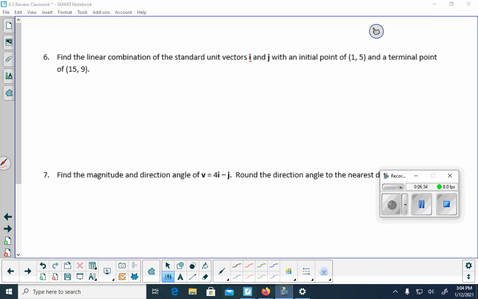Okay, so for number 6, it wants to find the linear combination of the standard unit vectors i and j with the initial point of 1, 5 and the terminal point 15, 9. So you're going to do, remember, terminal minus initial. So my terminal x, I'm going to take 15 minus my initial, which will be 1.